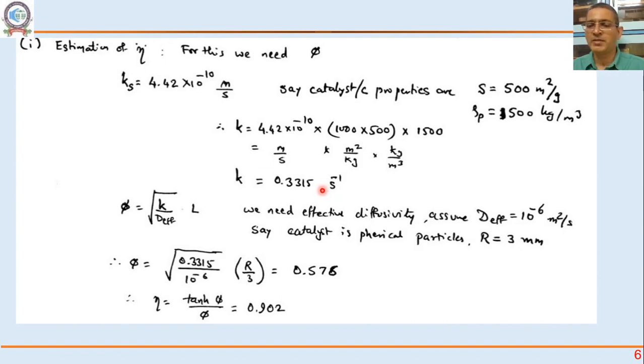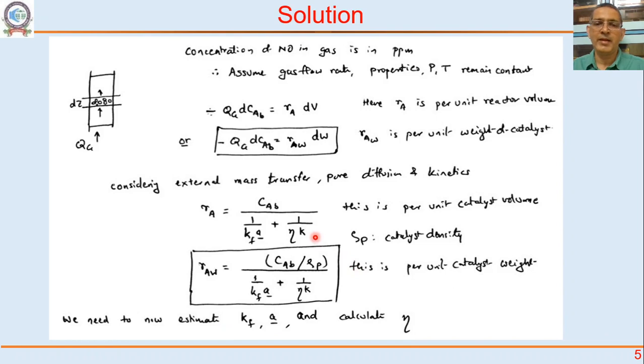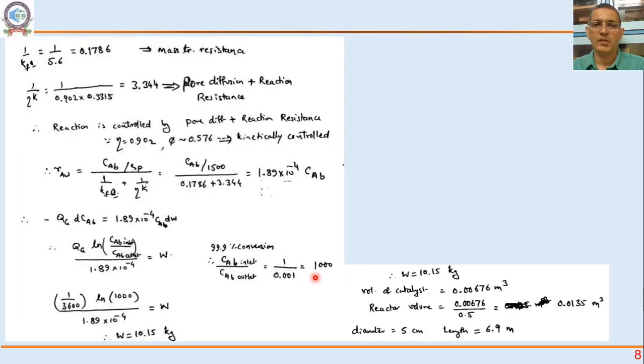Now we can use this KFA and eta in this expression and solve this equation. So 1 by KFA is 1 by 5.6, 0.1786. This is like the mass transfer resistance. 1 by eta K is 1 by 0.902 times 0.3315, which is 3.34.